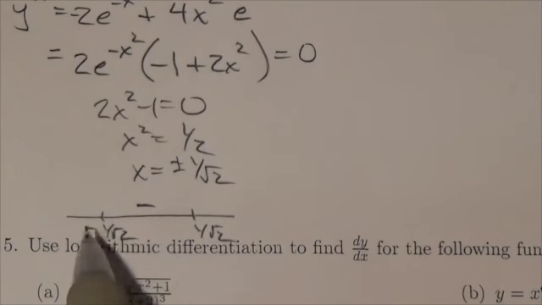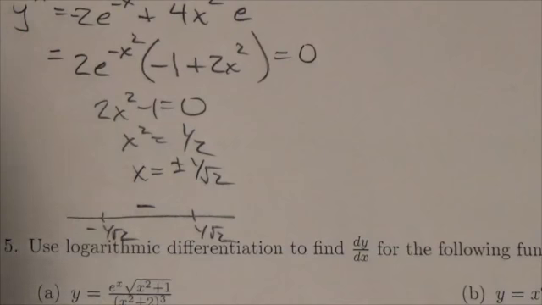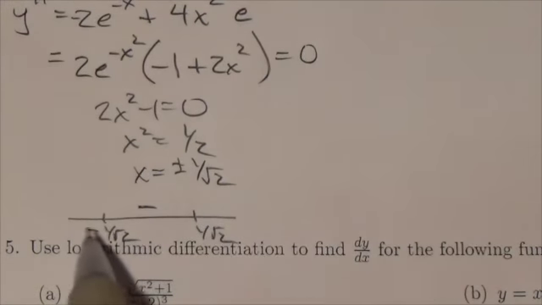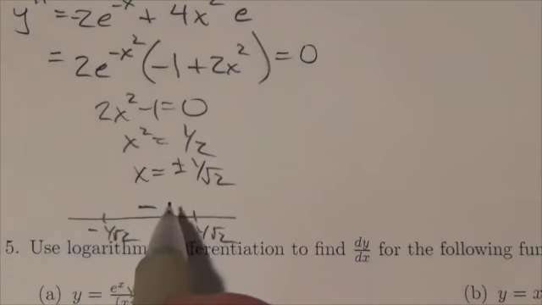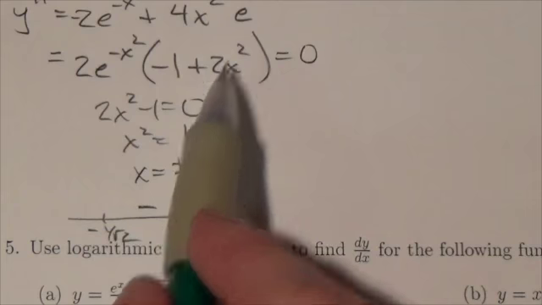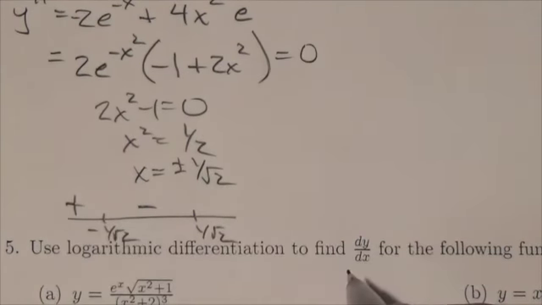Now I suspect that it's going to be positive outside of these two, but I don't know. So let's pick a number less than negative 1 over root 2, for example negative 10. Negative 10 squared is going to be 100, so 200 plus negative 1. Yep, positive out here.